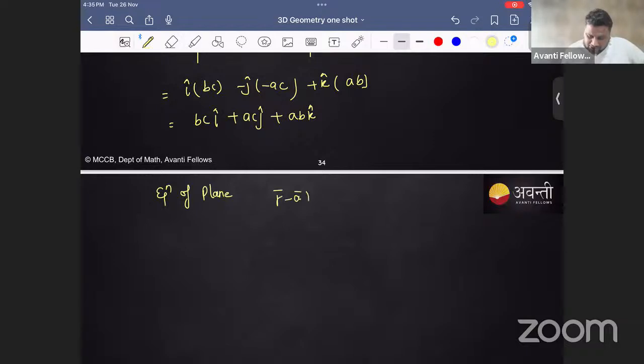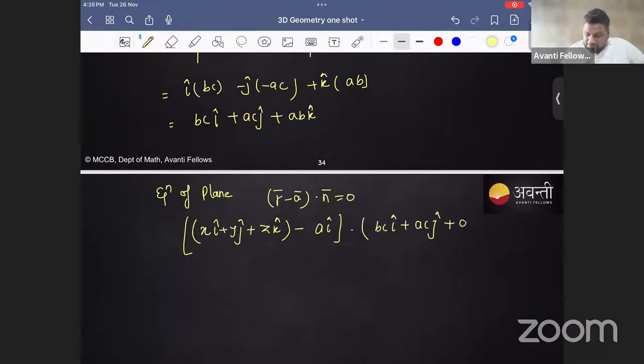R minus A dot vector n is 0. Now R is what? xi cap plus yj cap plus zk cap, minus ai cap. Its dot product with BC i cap plus AC j cap plus AB k cap is 0.